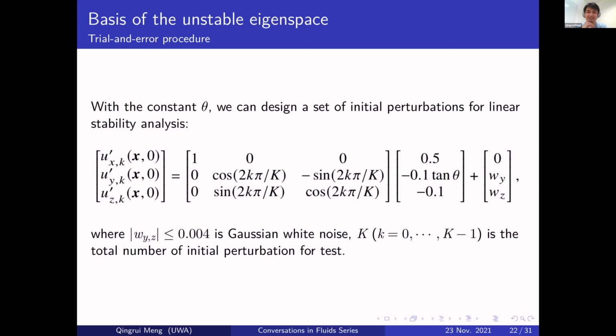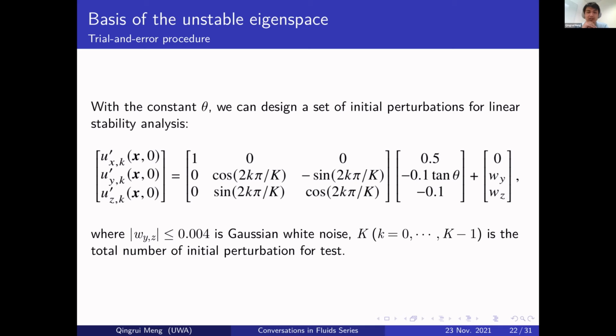So we use this equation to generate this set of initial perturbations. It actually uses a vector, 0.5, negative 0.1 tangent theta, and negative 0.1, and we rotate this vector by a small angle around the x-axis, plus Gaussian white noise.